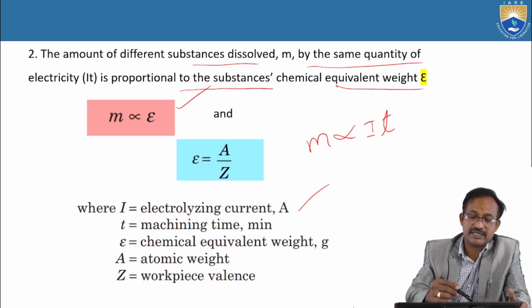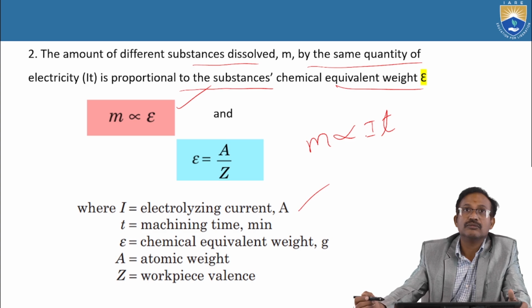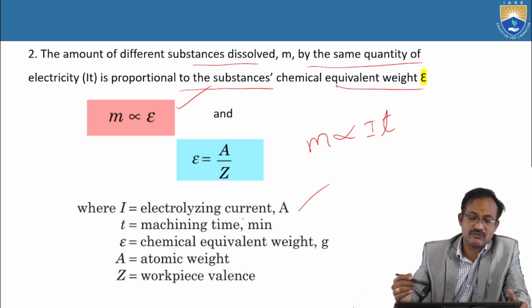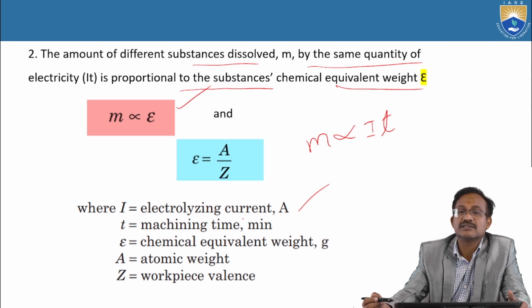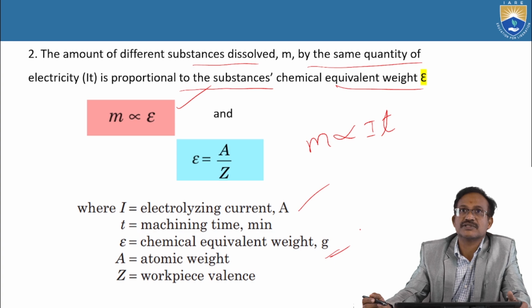Now let us see what is what. I equals electrolyzing current in amperes, T equals machining time in minutes, and zeta equals chemical equivalent weight, in grams.